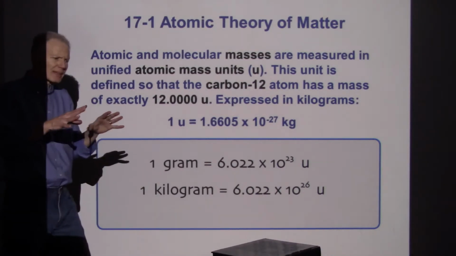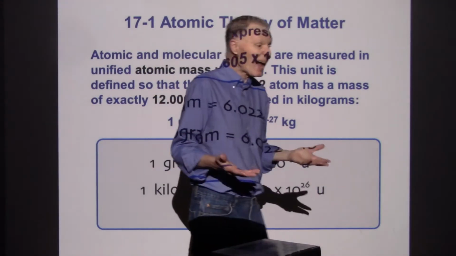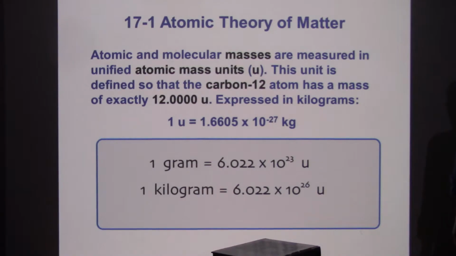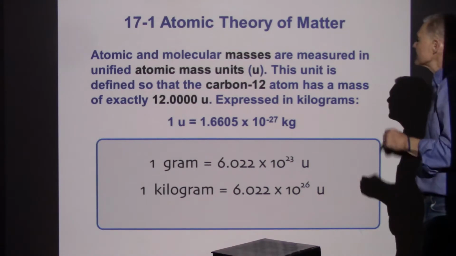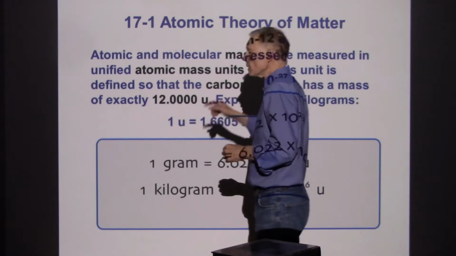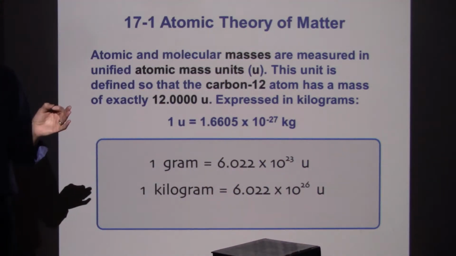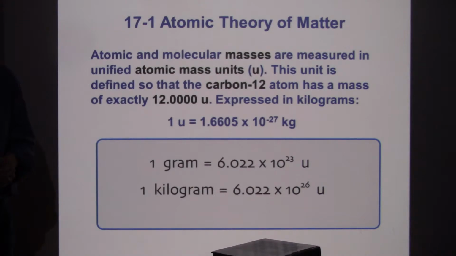When we're measuring samples, up until now, those samples were usually measured in kilograms or maybe grams, but we need something that tells us what the mass is for an individual atom or molecule. What's the mass of a nitrogen molecule in the air, and how much energy does it have?